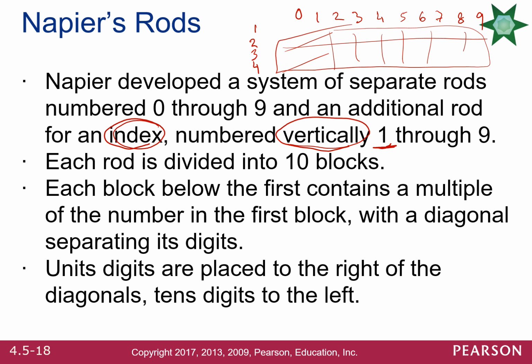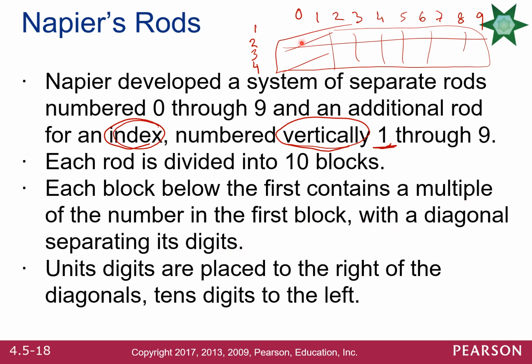So it says here each rod is divided into 10 blocks. Each block below the first contains a multiple of the number in the first block. Just like we saw in the lattice method that we learned about previously, each of these blocks is divided by a diagonal, and they hold the digits resulting from a multiplication, with a diagonal separating its digits.